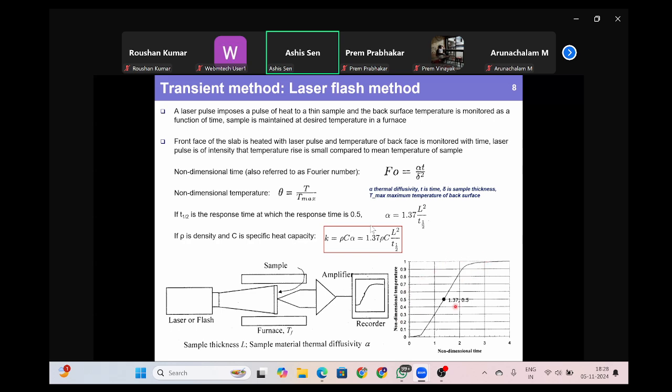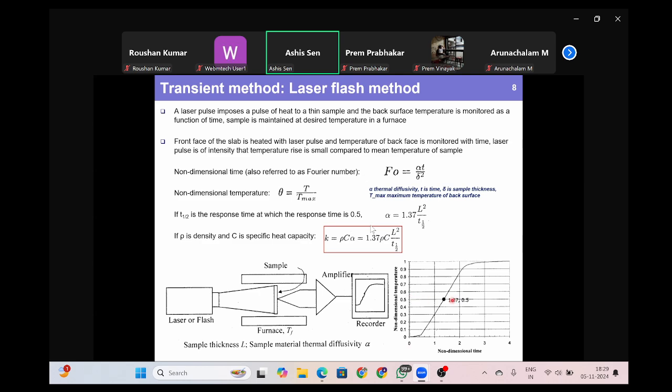So during this time, what is the non-dimensional time at which T is half T max? Okay, when the temperature reaches half the maximum temperature.